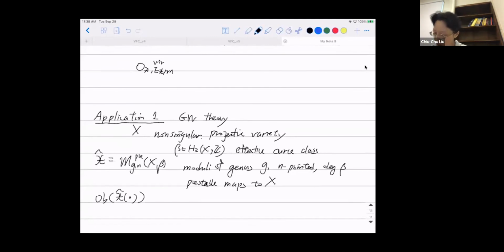So what is the object when we restrict it to a point? The object is a pair.